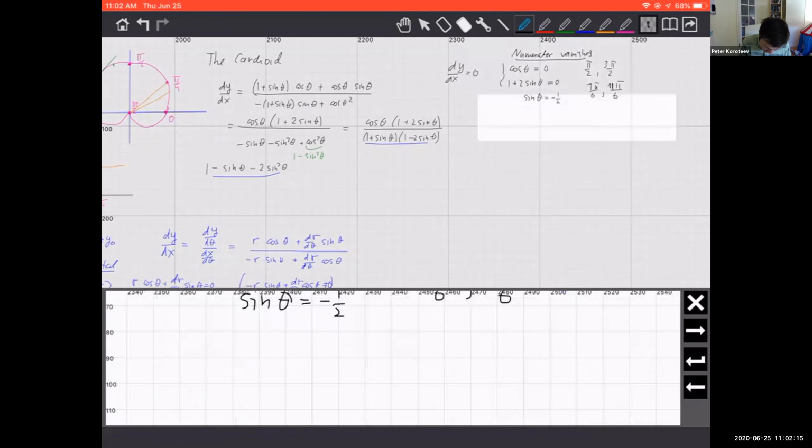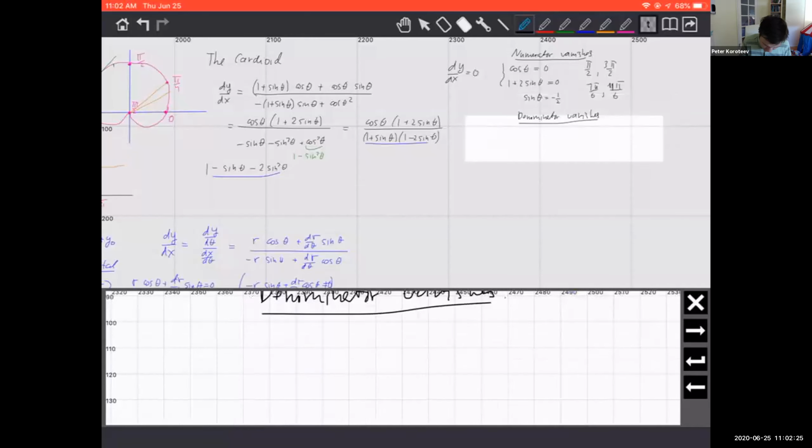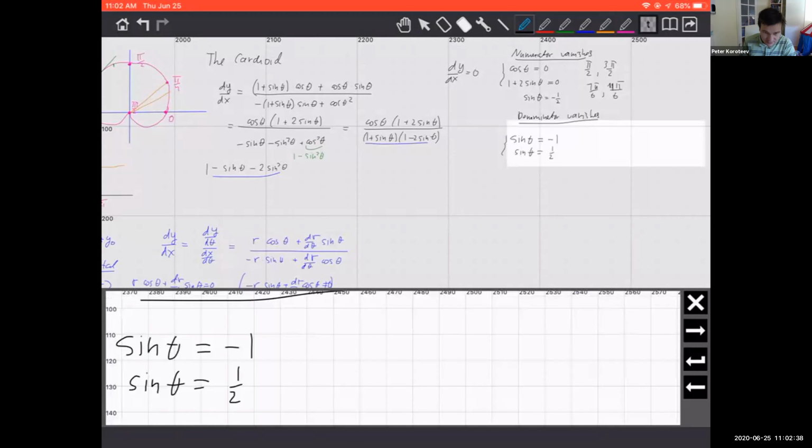And then the denominator. Well, so sine theta is equal to negative 1, as well as sine theta is equal to 1/2. So sine theta is equal to negative 1 when you have, what is it, 3 pi over 2.